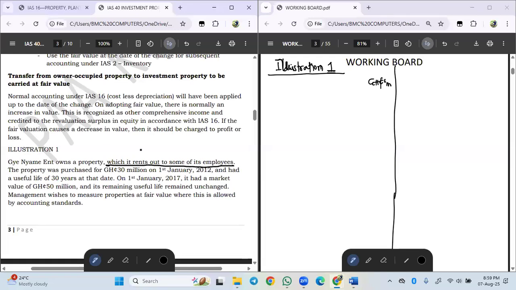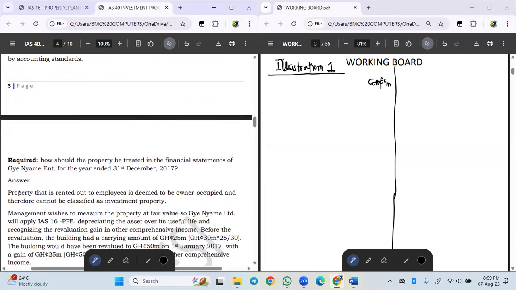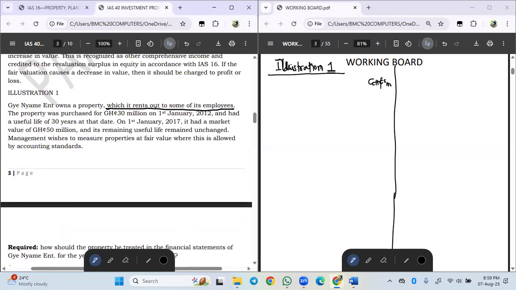So this one will still be treated as IAS 16. See, the property rented out to employees is deemed to be owner-occupied property, and therefore cannot be classified as what? Investment property. Right. So if they say it is rented out to maybe another company, then you are good to go to treat it under IAS 40.